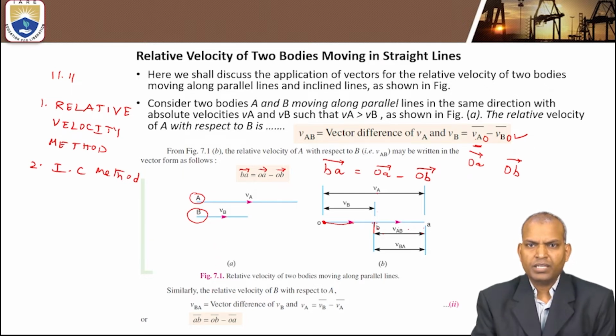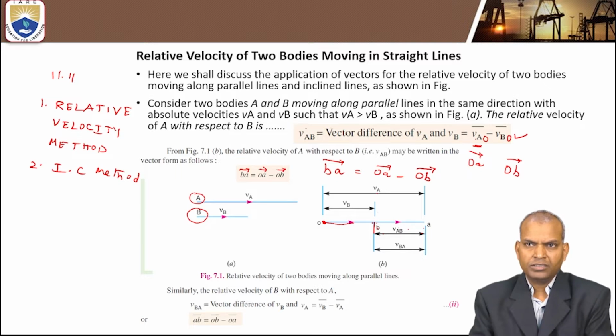The velocity of B with respect to A, VBA, equals the vector difference of velocity of B and velocity of A, that is VB minus VA. This vector difference is the velocity of A with respect to B, that is VA minus VB.